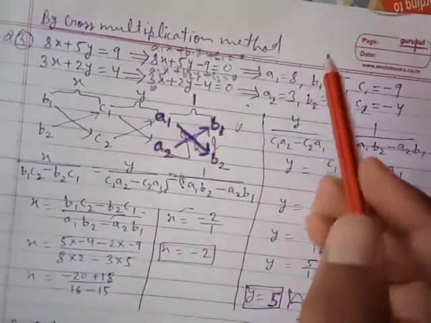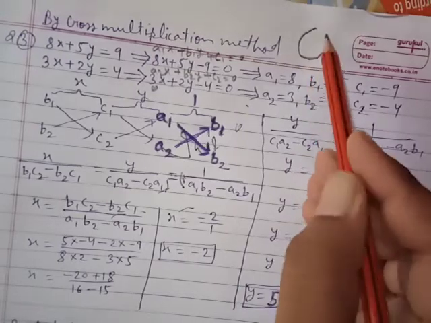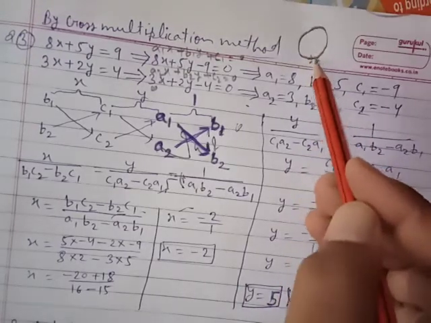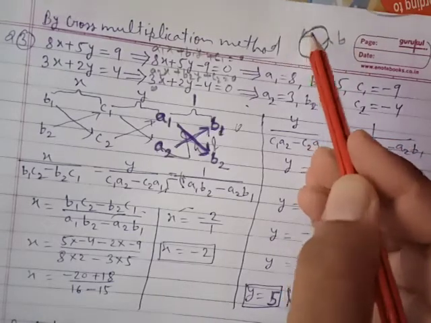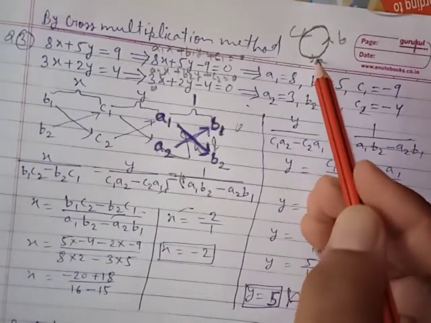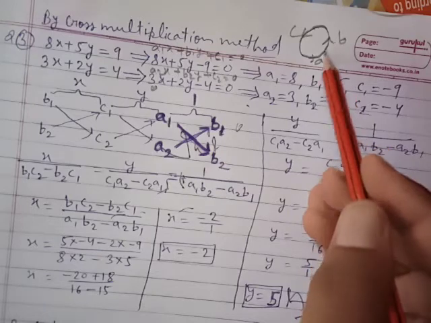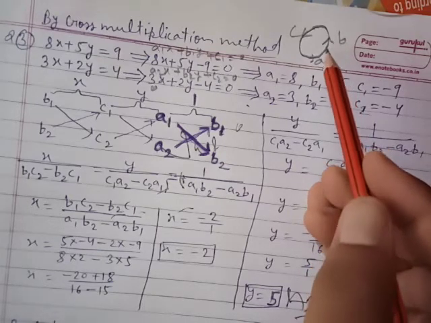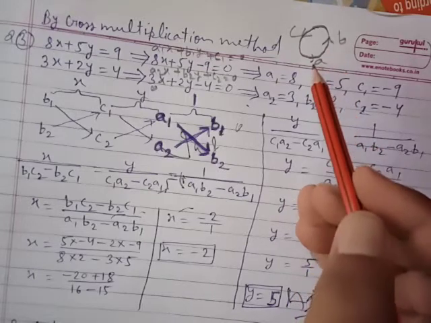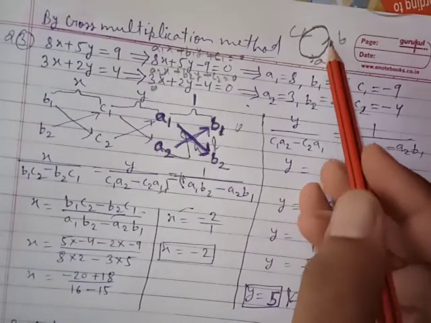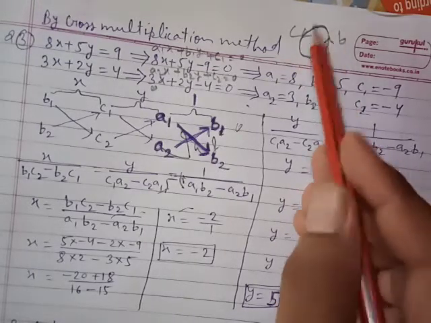In the last video I explained that in a cycle a, b, c are running behind each other.